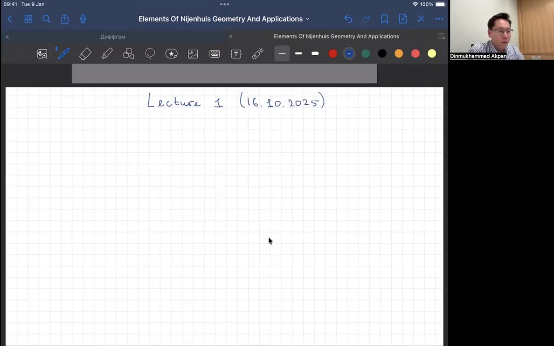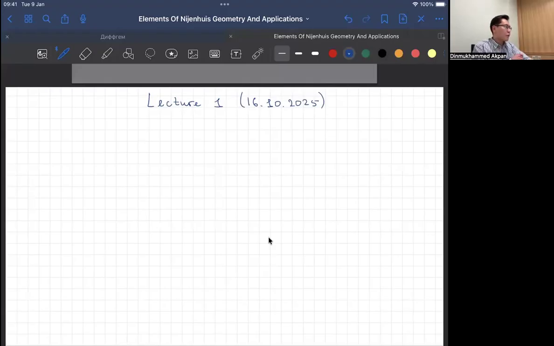The first lecture will be about some basic things, definitions, and theorems in Nijenhuis geometry, with the motivations and some ways for applications. The second lecture will be about integrable Hamiltonian systems. I will prove Liouville's theorem about Liouville integrable systems.